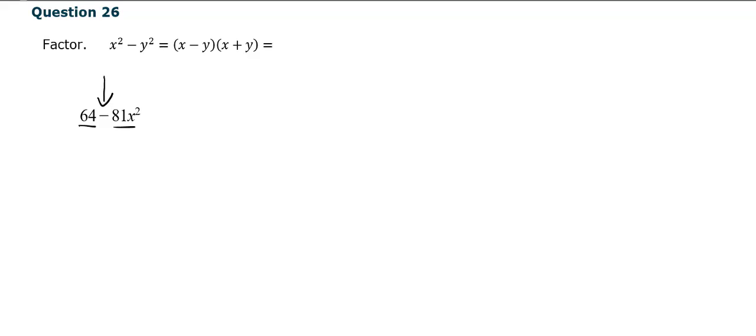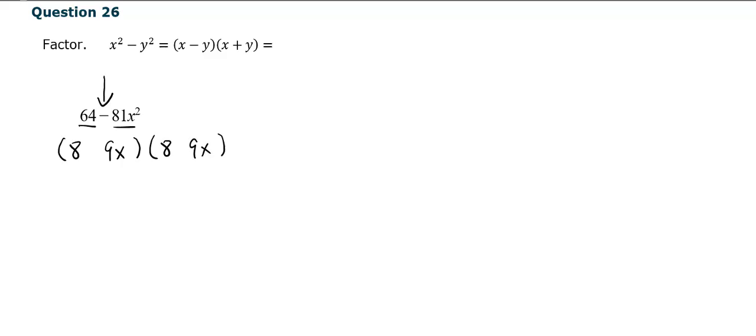Just like we talked about earlier, the first step in all factoring is to remove the greatest common factor. So in this case, we would look to see if anything divides into 64 and 81. Since nothing does, we can go right into our pattern. 64 is 8 times 8, and 81x squared is 9x times 9x.